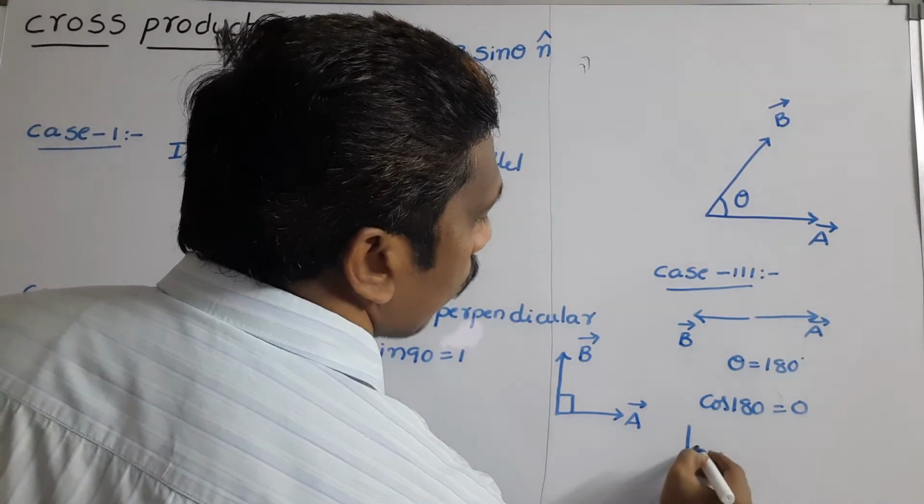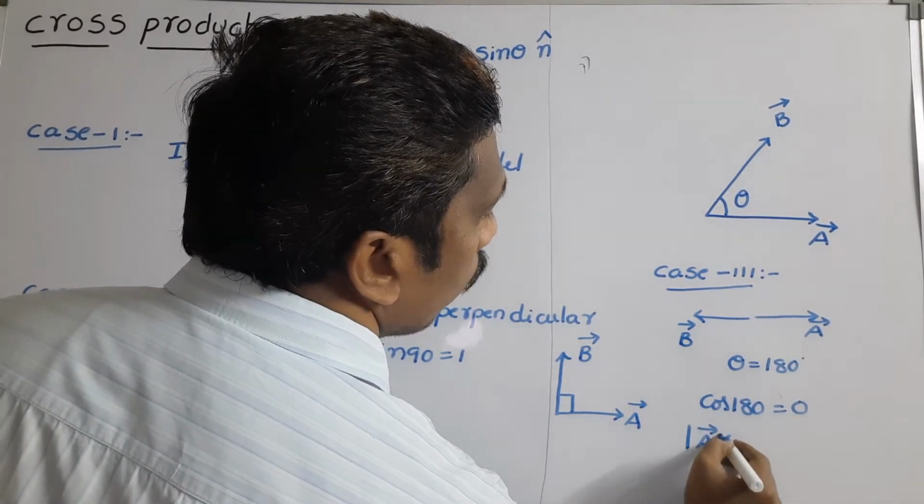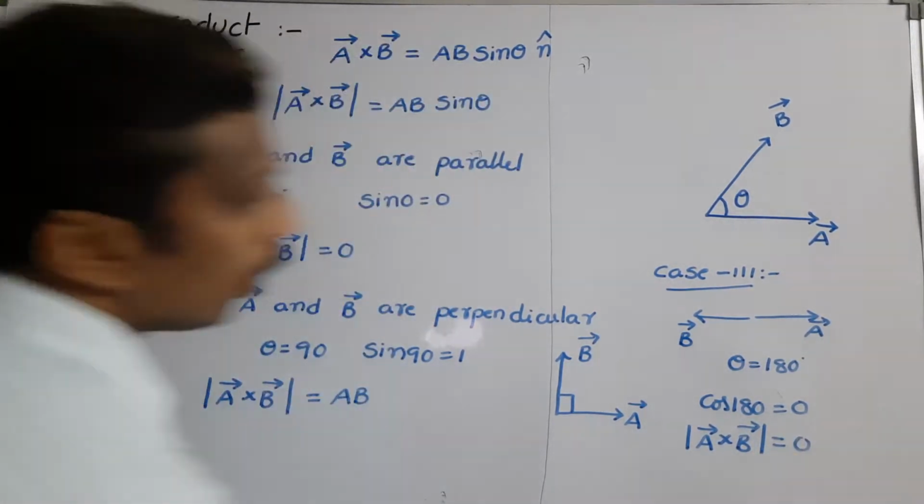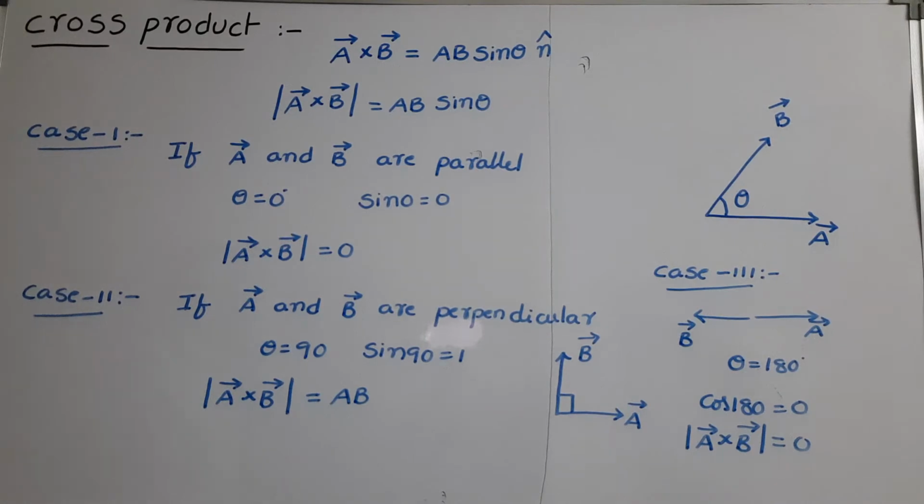In this case also, the magnitude of the cross product a bar cross b bar is equal to 0. So that means if two vectors are parallel to each other or if two vectors are opposite, then the cross product between the two vectors is 0. If two vectors are perpendicular, then the magnitude of the cross product is maximum.